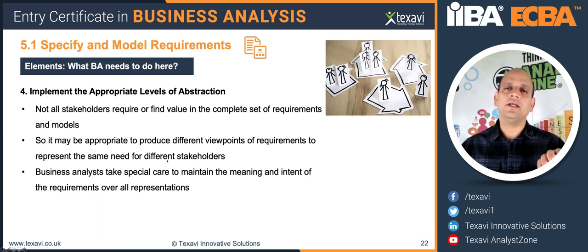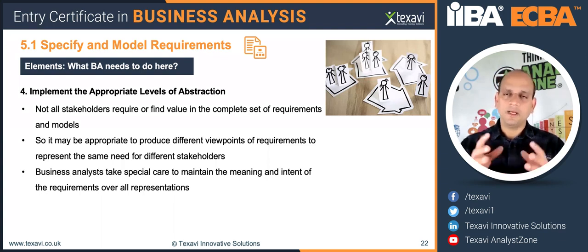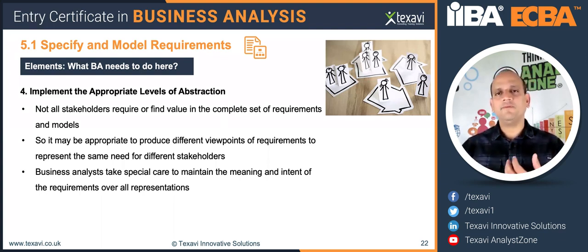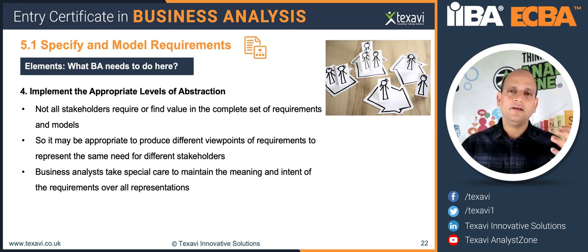What is the intent behind the requirements, in terms of coming up with models, or different traceability aspects, or looking at the different perspectives within the requirements, or coming up with wireframes? It doesn't matter. At the end of the day, the key deliverable when it comes to requirements is to make sure that you're defining the what, the functionality and the non-functional aspects, but not the implementation, not the how.